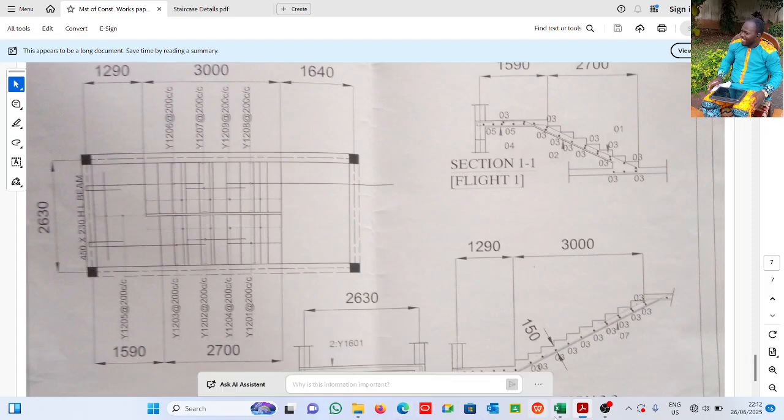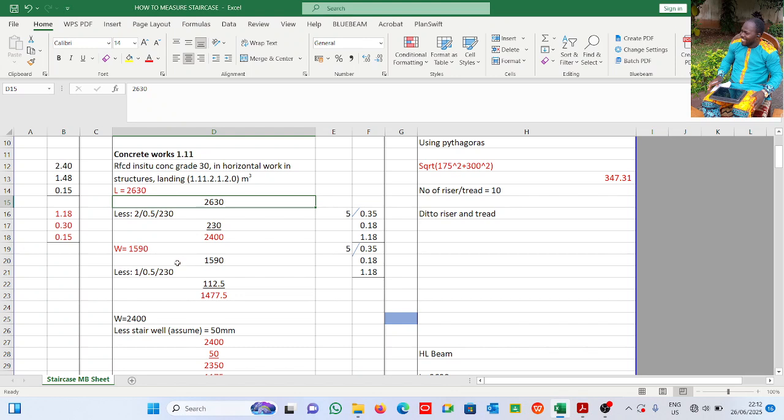That is what you're seeing here. This is less 2 by half by 230. It will still give me 230. If I less from here, I have 2400.